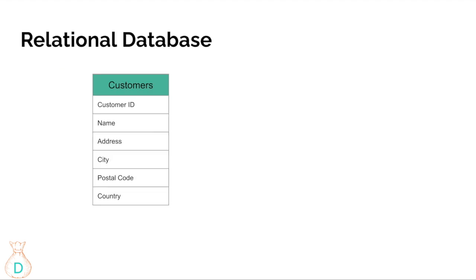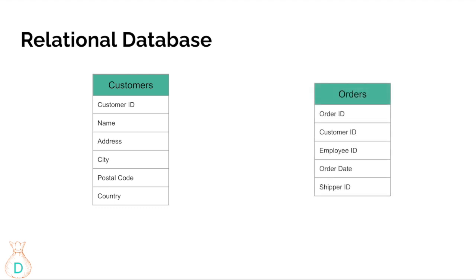So most of the database companies you work with use relational databases. And if you have a customers table, you might want to look at what other tables have customer information and how you make connections between the two tables. So you might have an orders table that has order ID, customer ID, employee ID, and a date, and so on.